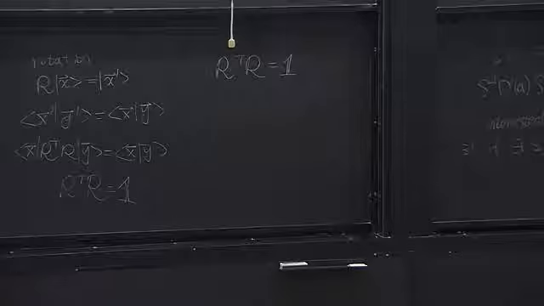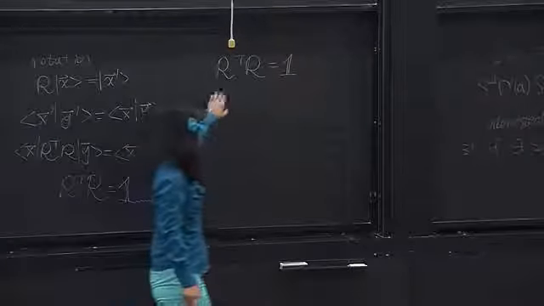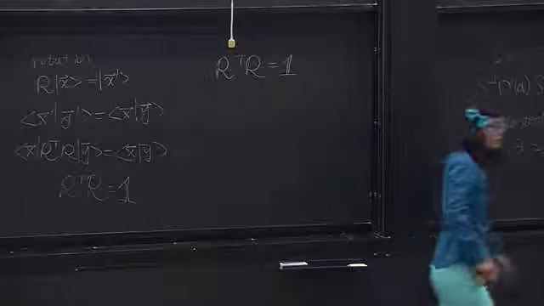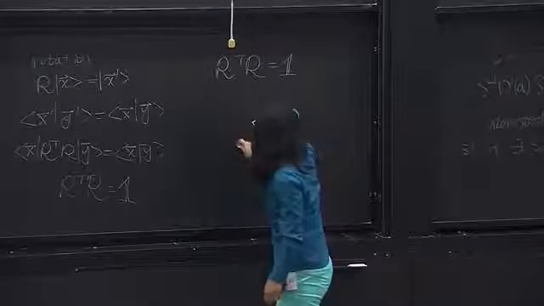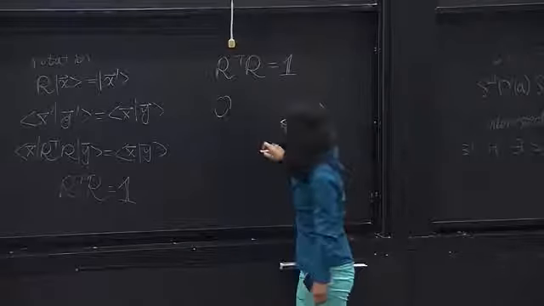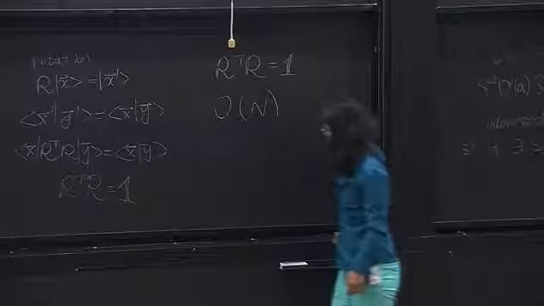So this is the rotational group, also called the orthogonal group, normally written as O(n).